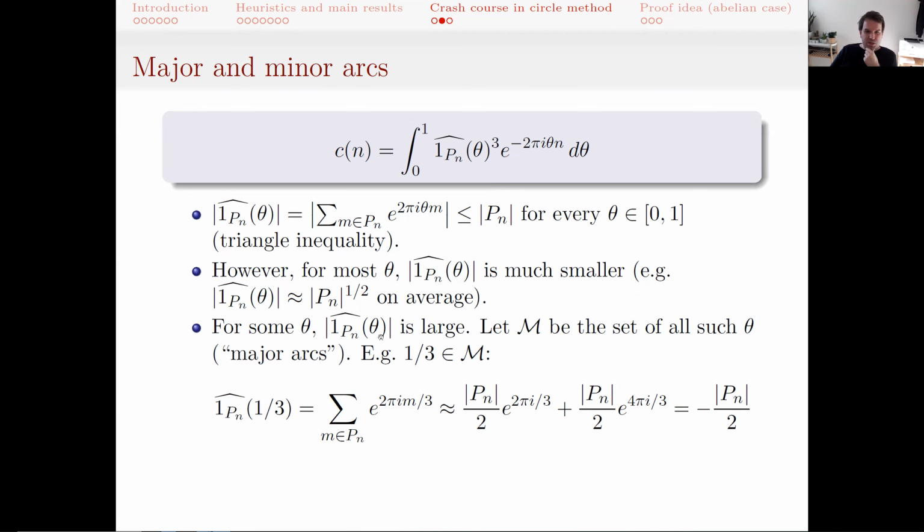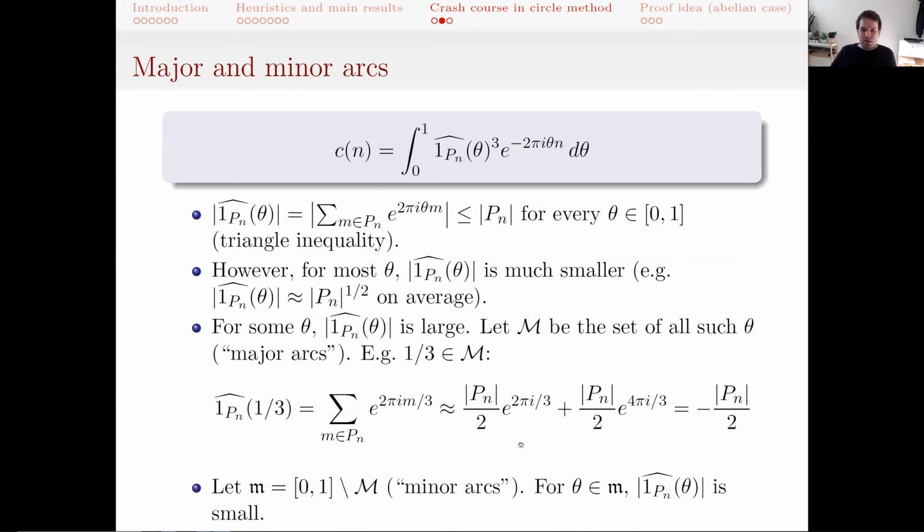So all of these thetas for which this thing is large, you put in set M. So M would obviously have this third, and I guess you can see from this simple one here that it could also contain other rational numbers of small denominator, and from the continuity, it is obvious that it will also contain numbers which are very, very close to rational numbers with small denominator.